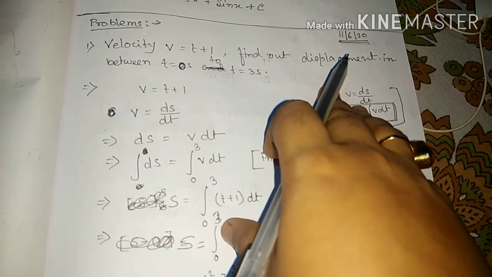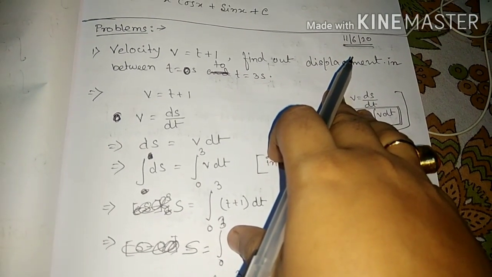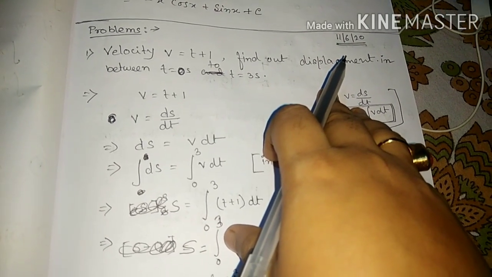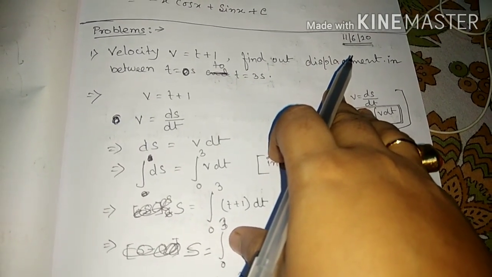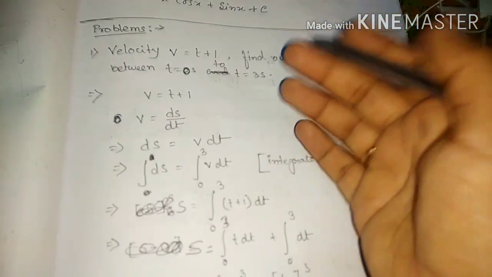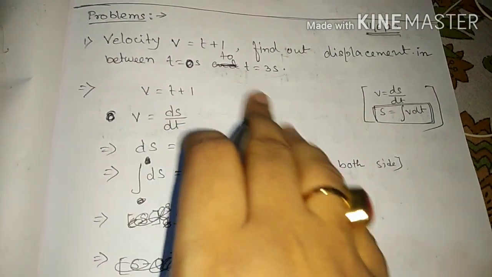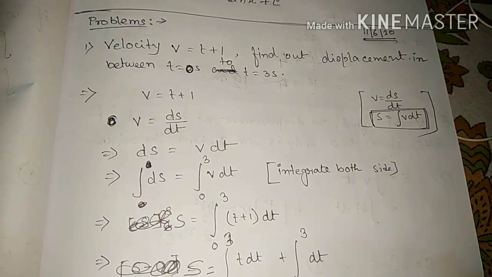When a limit or range is given, that type of integration is called definite integration. That means we do not use the integration constant term. So let's solve this problem. The equation is v equals t plus 1.